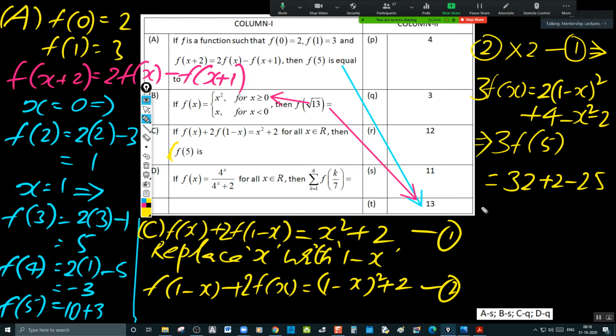Implies f of 5 is 3. So this is the answer for this.